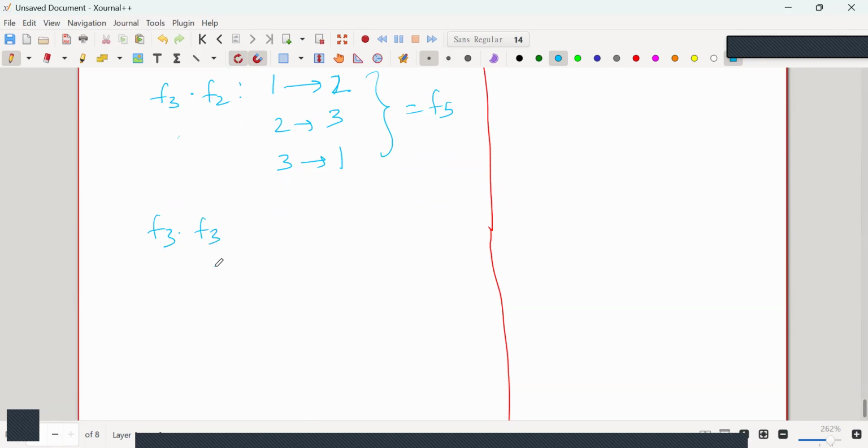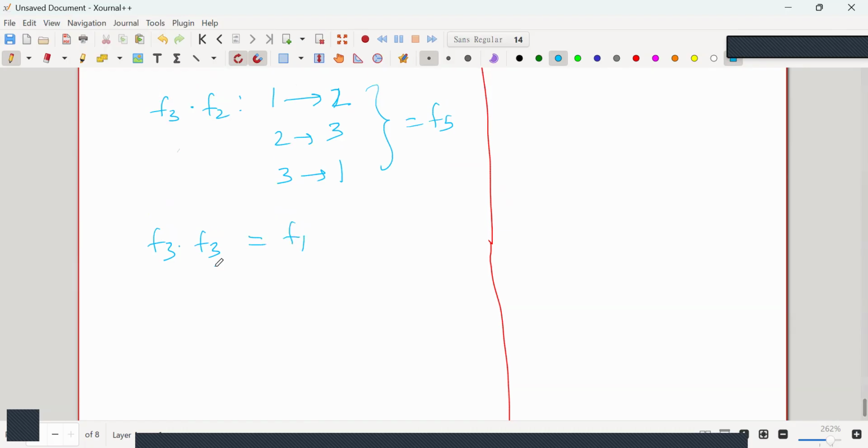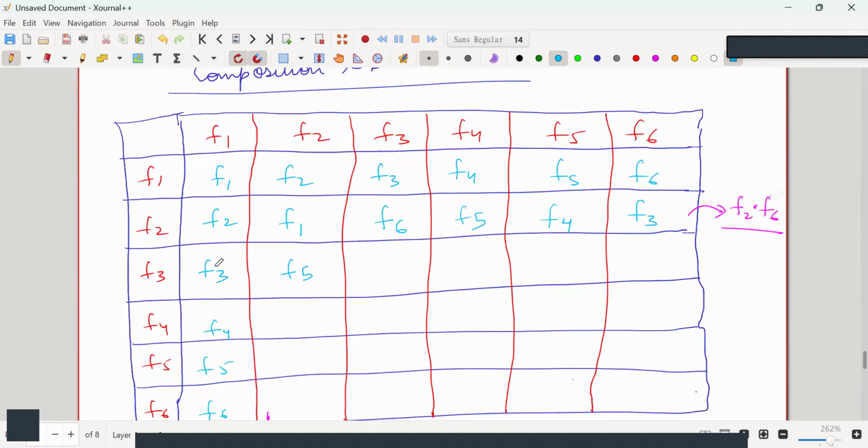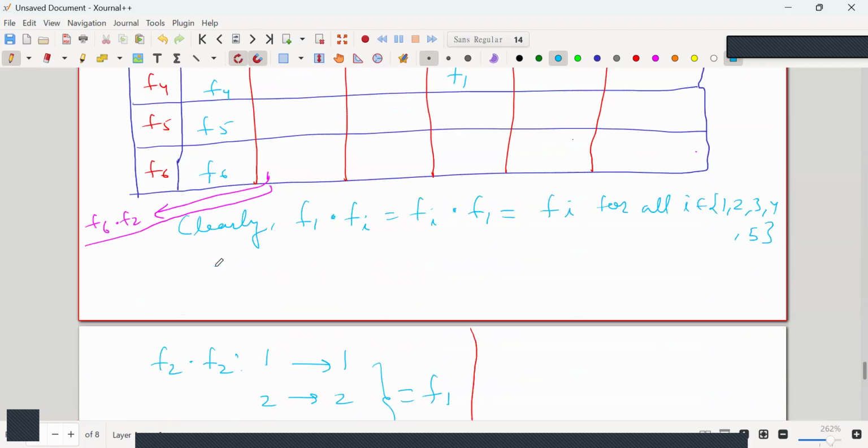You can check that this will be just F1 because it is just changing two indices. So if you do the same thing, the final answer is just F1, which is fixing everything, right? So here also you can see that this will be F1 because F4 is also just changing two indices. Okay. So now what is F3 compose F4?